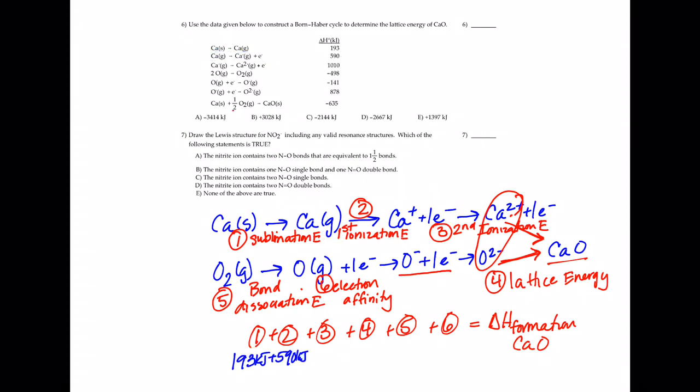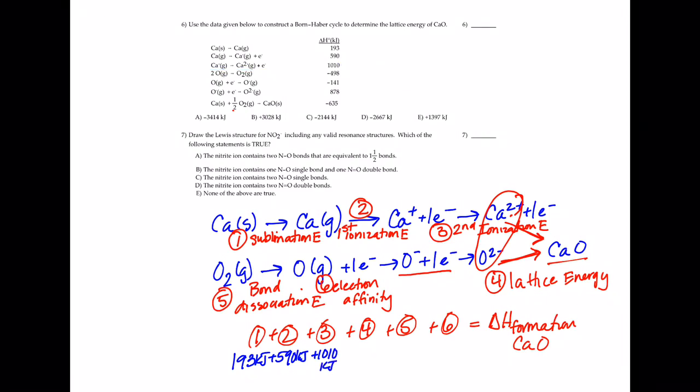Okay, the next one, process number 3, was taking the calcium 1+ and making it into calcium 2+. And I'm looking down on my list here, and it looks like that one right there. So taking calcium 1+ and making it into calcium 2+ takes 10 10 kilojoules.